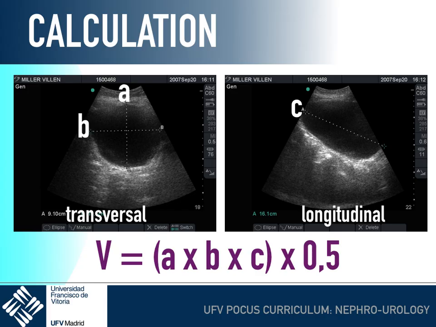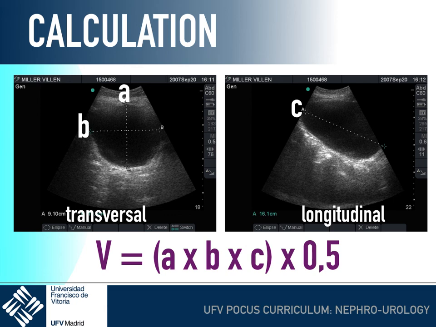For calculating the total volume of urine inside the bladder, there are different formulas, and we just need to know one, which probably will be easier. On the left side of the screen, you see the transversal view of the bladder. So the A distance multiplied by the B distance.